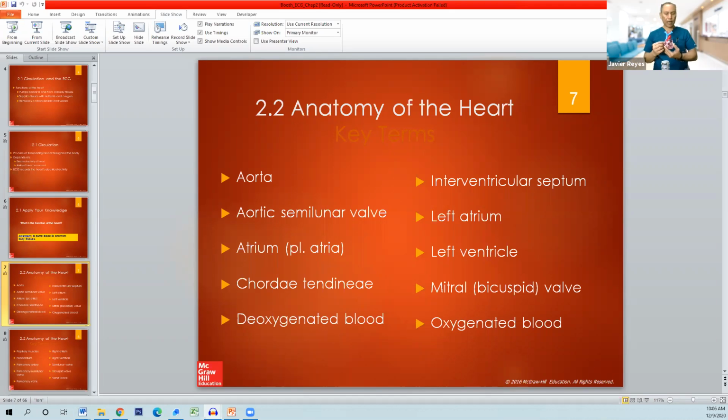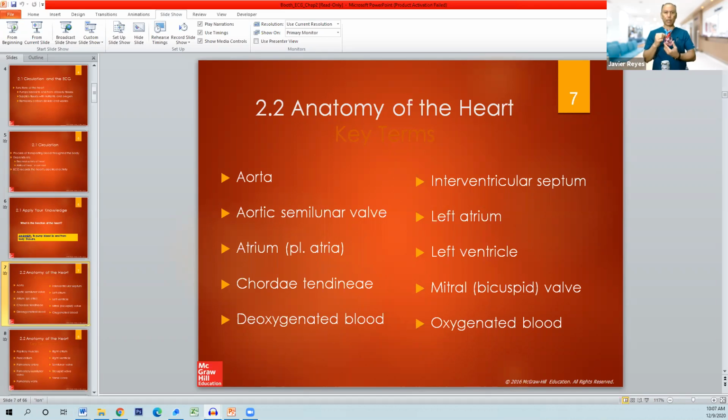We also have, inside the heart, other parts, which are your vessels. You have your aorta. Your aorta is the biggest vessel that we have in our body. This is where the blood is pumped through from the left ventricle to the rest of the body. And then we have your pulmonary arteries. The pulmonary arteries in this part of the heart are the only arteries that carry deoxygenated blood.